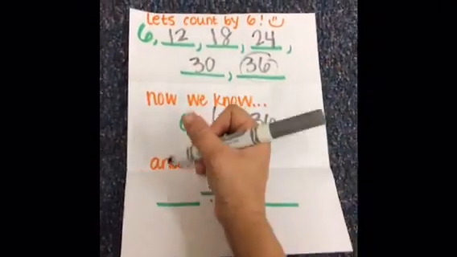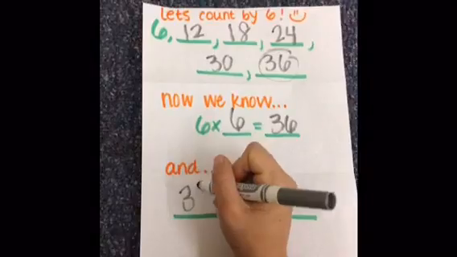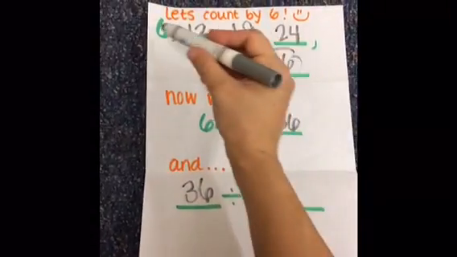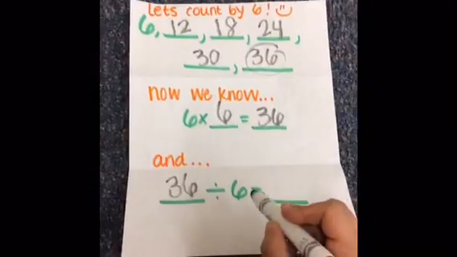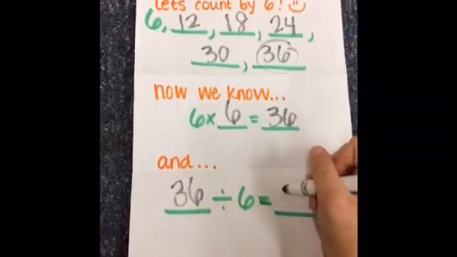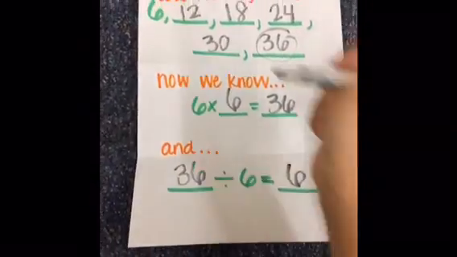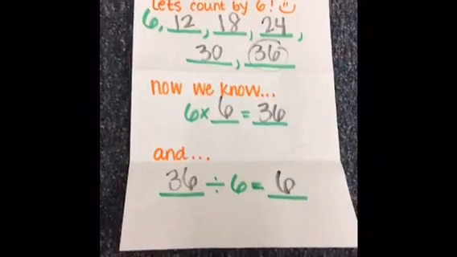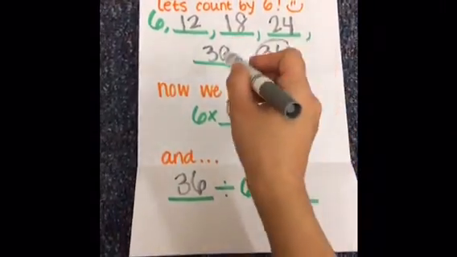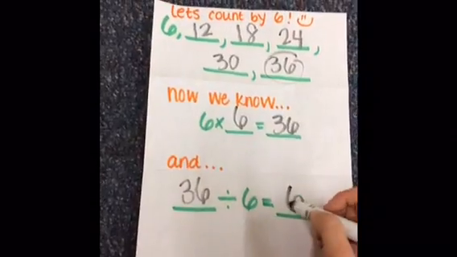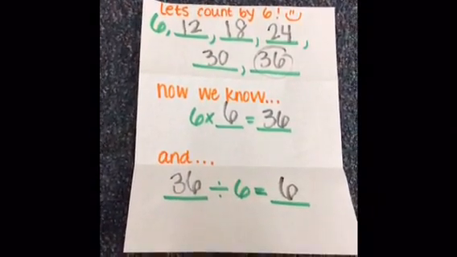So our biggest number we hit was 36, divided into 1, 2, 3, 4, 5, 6 groups, equals 6. Okay, because we're counting by 6 each time. 36 divided by 6, counting by 6, equals 6. We did it 6 times.